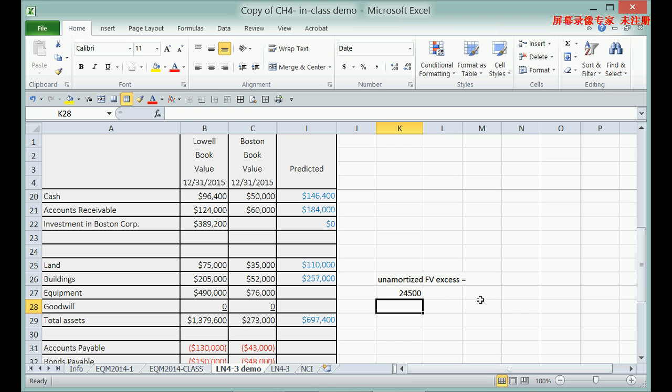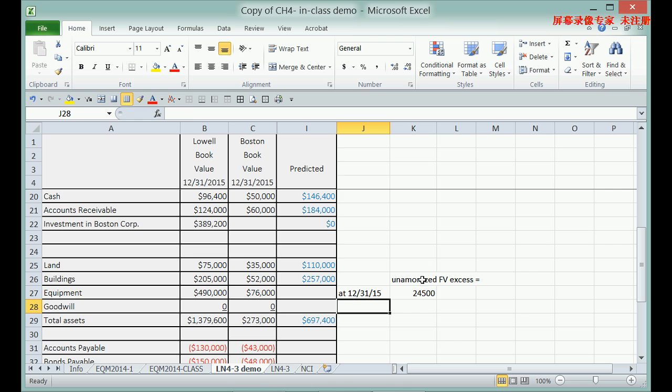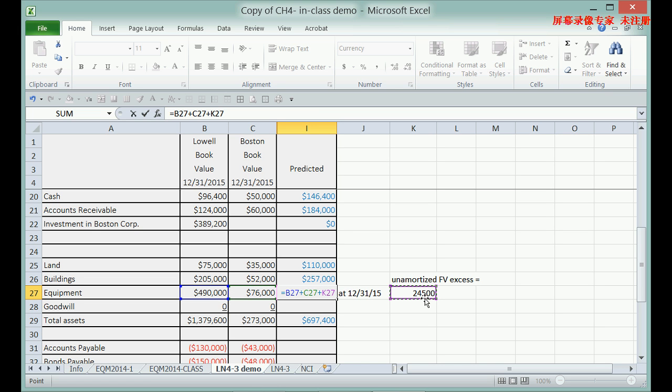So this is basically the unamortized fair value excess at 2015 December 31st. So we know equipment would be this plus this, and then plus the unamortized fair value excess at the end of the year.